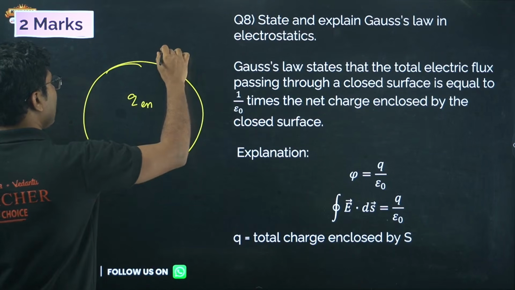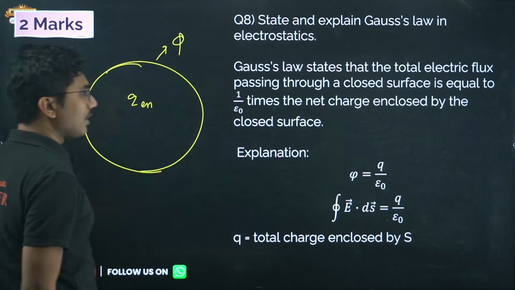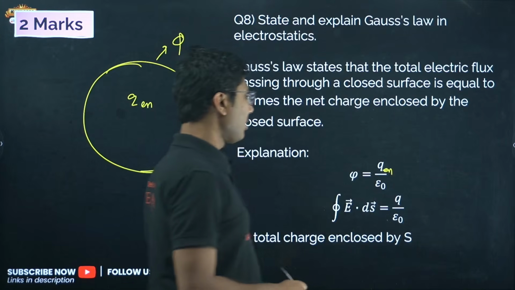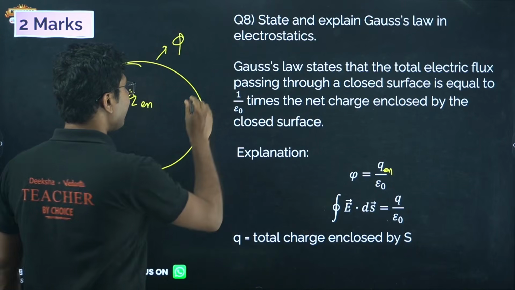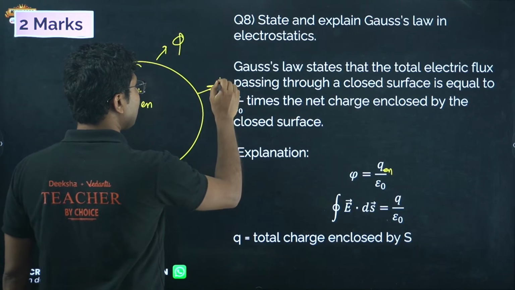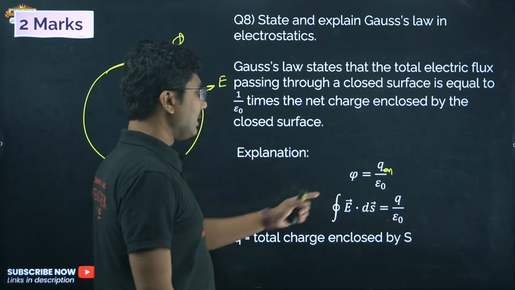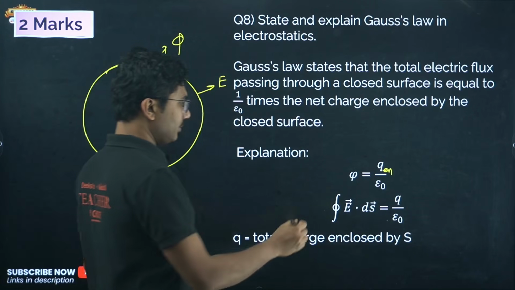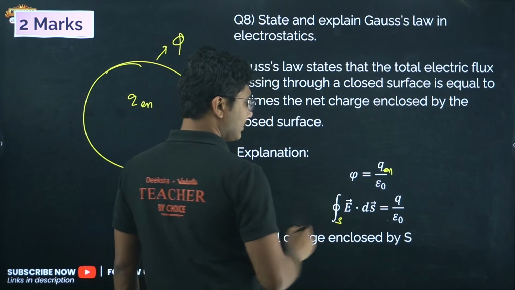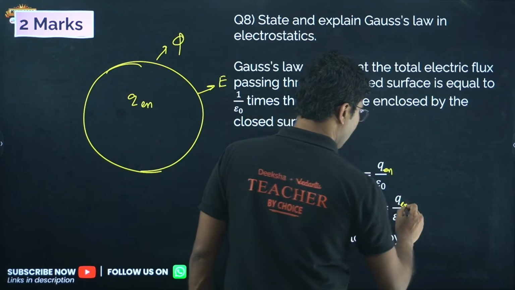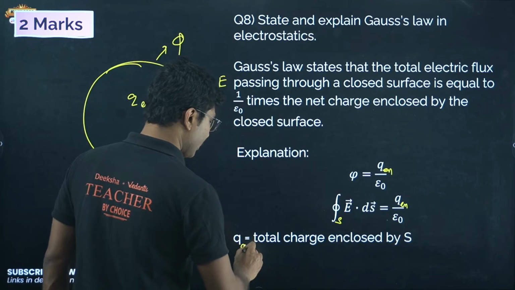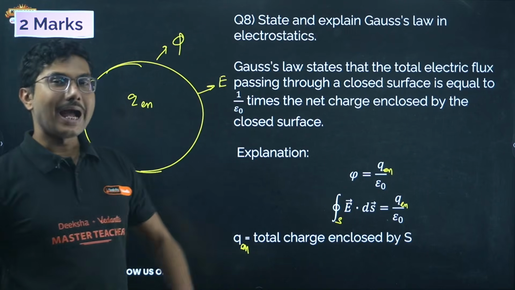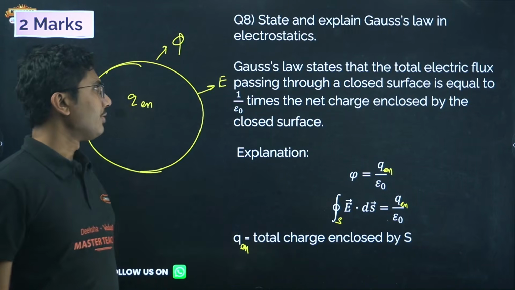The flux coming out of the surface is say phi, then phi is given by Q enclosed upon epsilon naught, or if the electric field from the surface is given by electric field E, then the integral of E dot dS can be written as Q by epsilon naught. Okay, and here is the total surface, and write Q enclosed as the total charge enclosed by the surface. If there are 1, 2, 3, 4 charges, the Q enclosed will be the addition of all the charges, right?